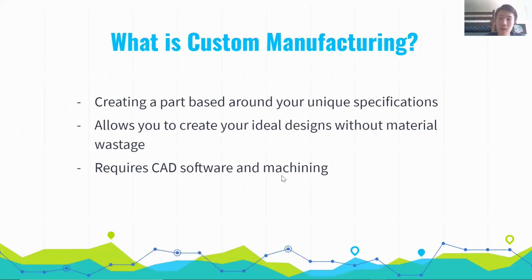All right, so the first thing we're going to talk about is what exactly is custom manufacturing. Custom manufacturing is physically creating the part based on the specifications in your CAD. It will create the part with the dimensions you specify and allows you to create your ideal design without much material wastage.